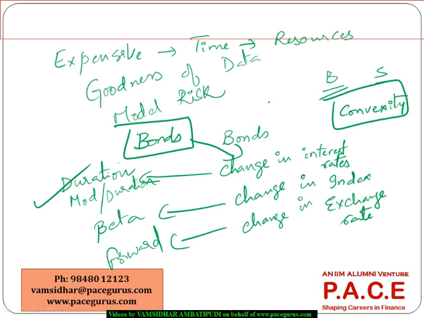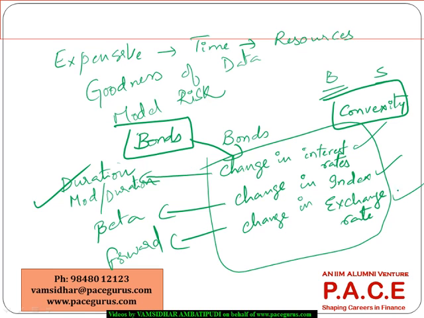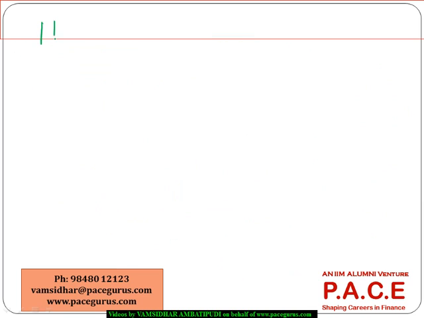Now, depending on how complex our portfolio is, we will have exposures to various risk factors. So the next question that comes up is how many risk factors are required?